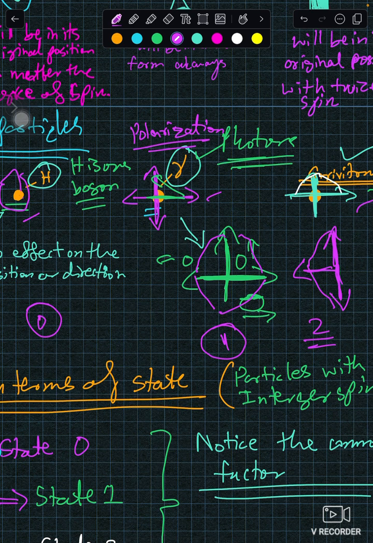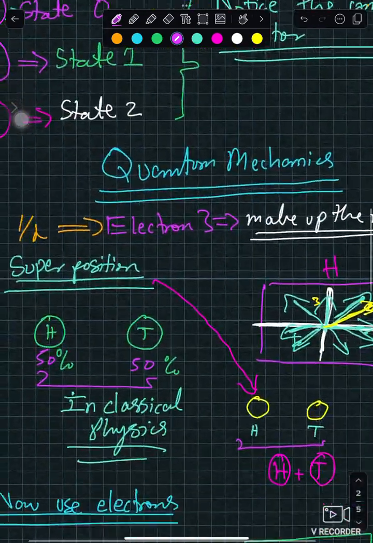We know that photons, or electromagnetic waves, have vertical, which is magnetic, and horizontal, electric and magnetic, different directions. Because of the polarization, it can cancel out vertical or horizontal. So that's why we say it has four directions, or it's a state one.